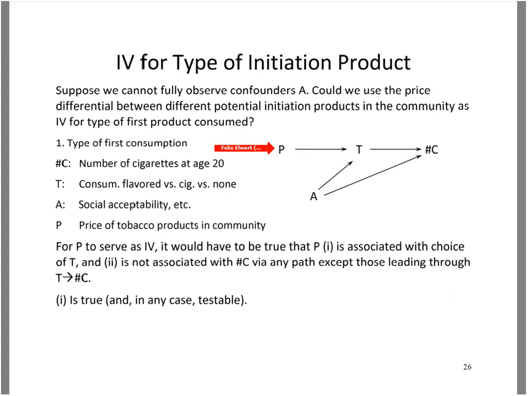One instrumental variable that's kind of popular in tobacco research is the price, or rather the price differential between different smoking choices. So we might live in a world, the real world, where not smoking is really cheap, smoking flavored tobacco products or e-cigarettes is relatively affordable, and smoking conventional cigarettes is the most expensive of all.